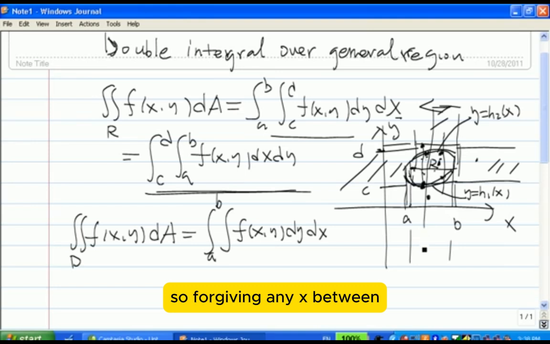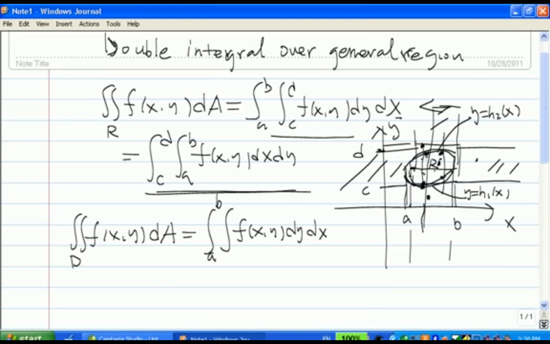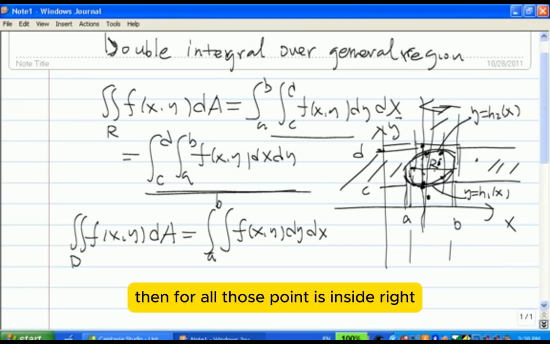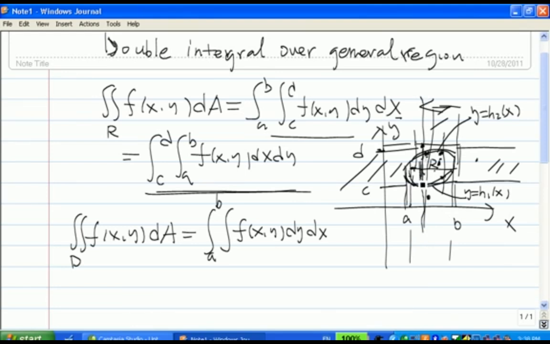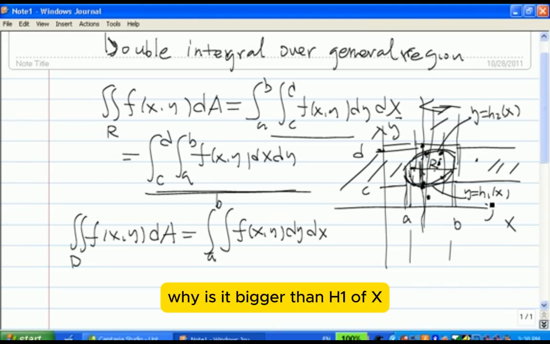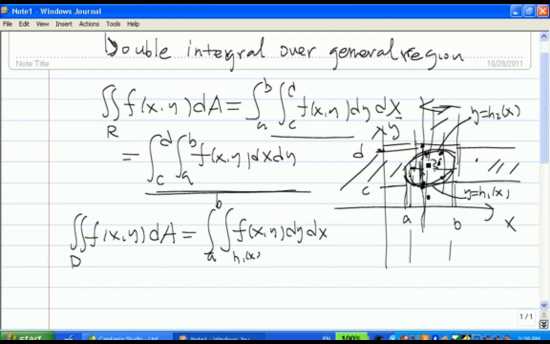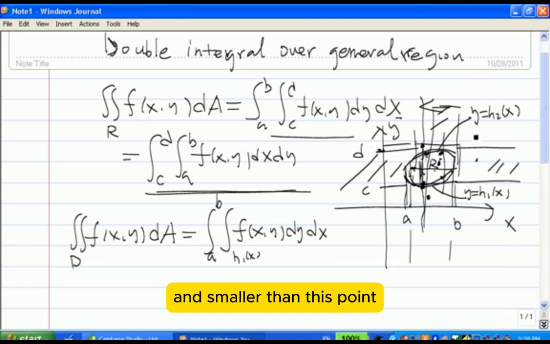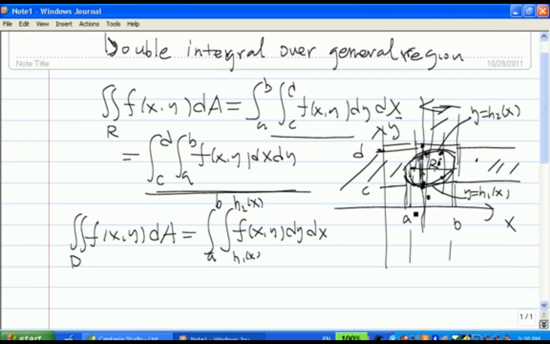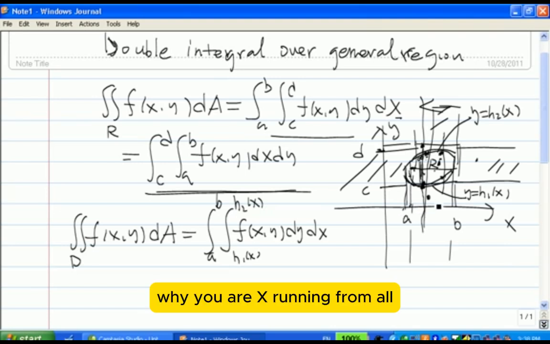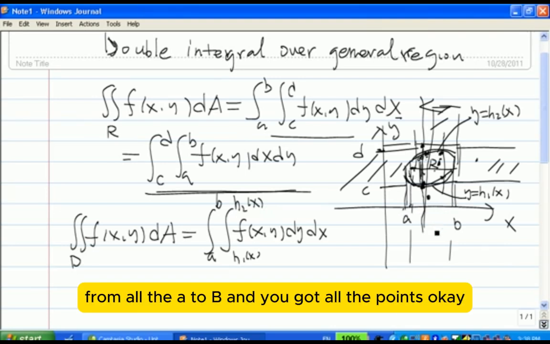For any x between a and b, all the points inside have y bigger than h1 of x and smaller than h2 of x. When x runs from a to b, you get all the points.